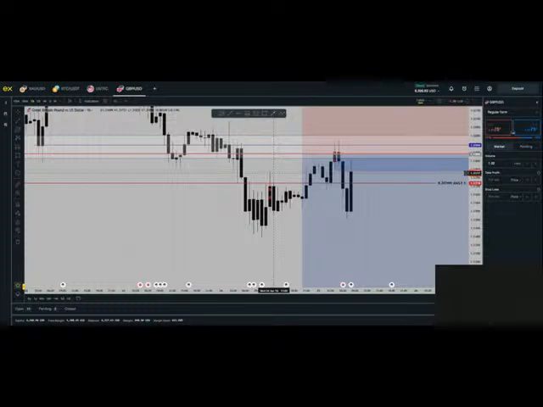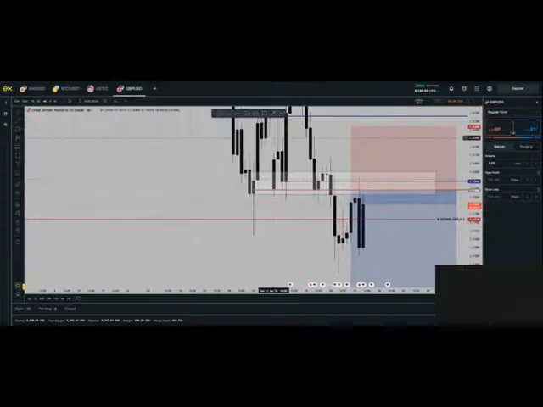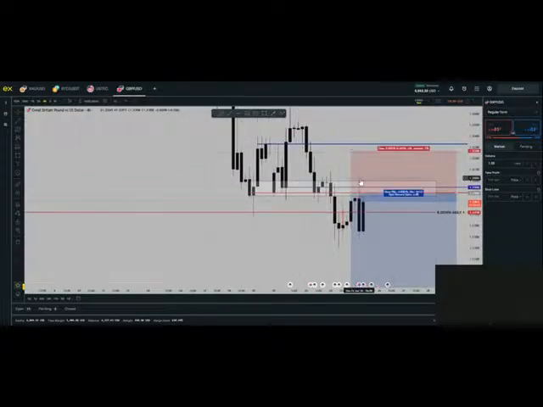But apart from that, we had to wait and hold this trade. I'm going to hold it to see how it performs. So trade breakdown: wait for the break, wait for the correction, and we go in on the continuation.